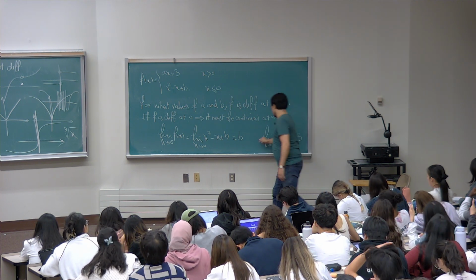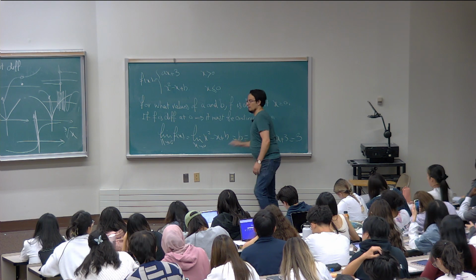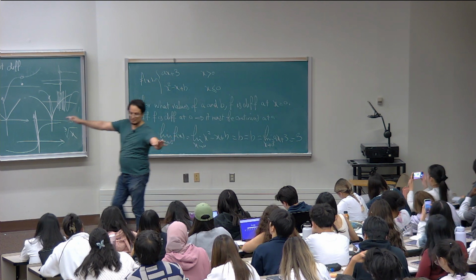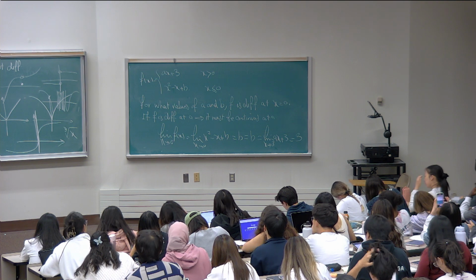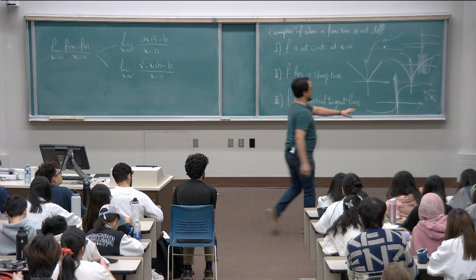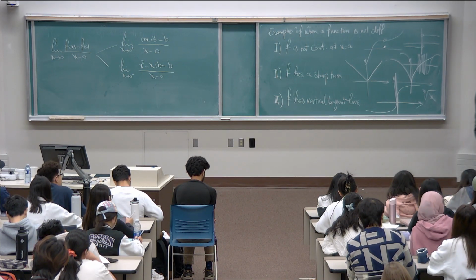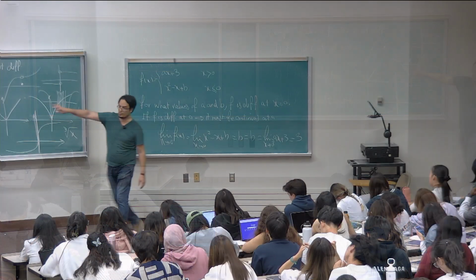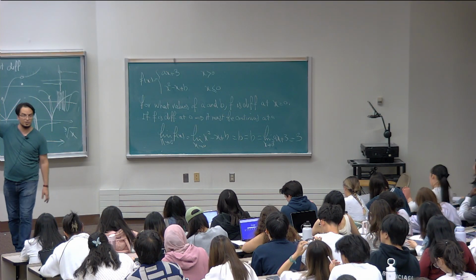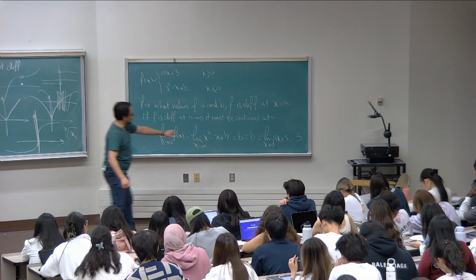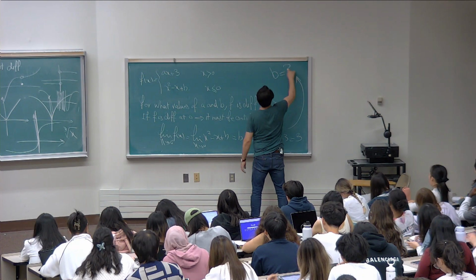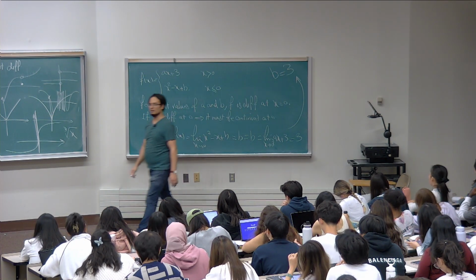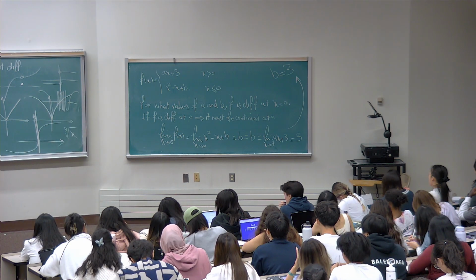This must be equal to b. Left limit exists, right limit exists, they're equal to the value of the function. Yes? If you apply that fact, right away you notice that before I start doing the differentiability, I can find the value of b. This says that b must be equal to 3.